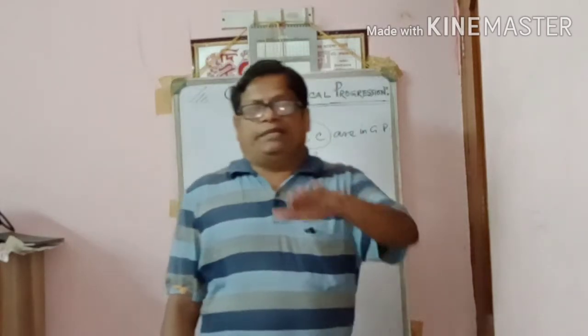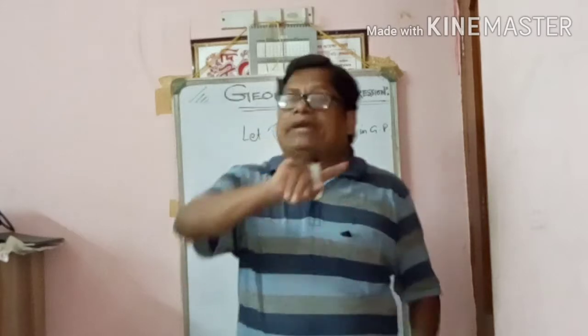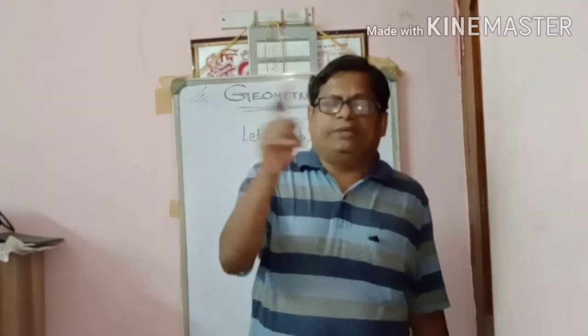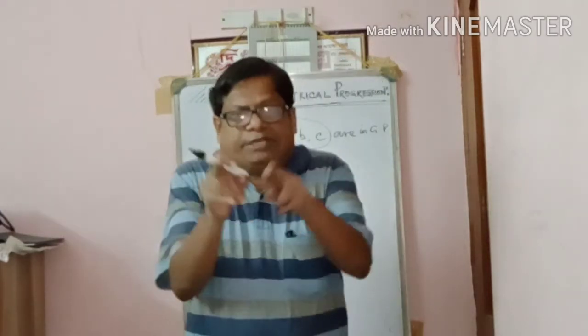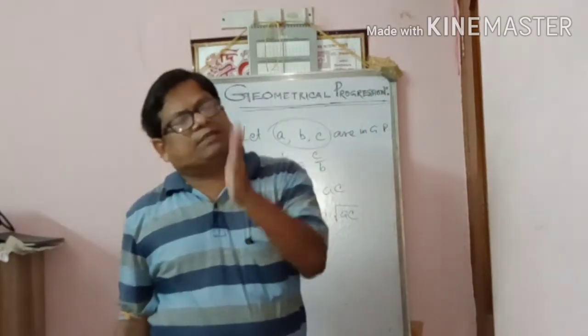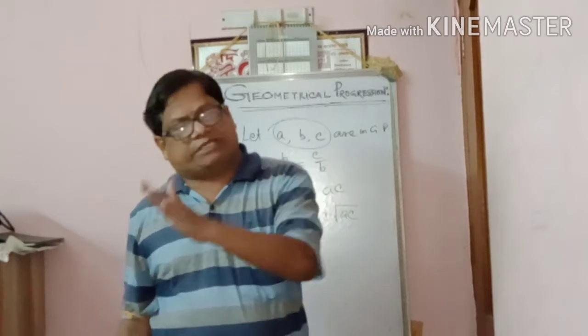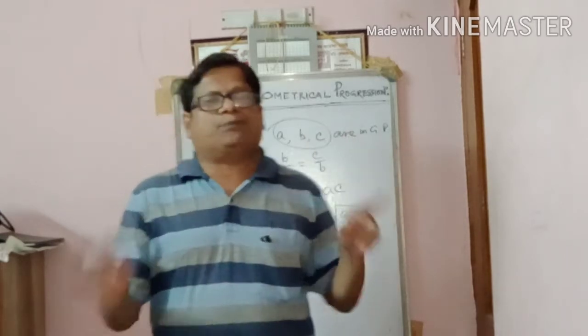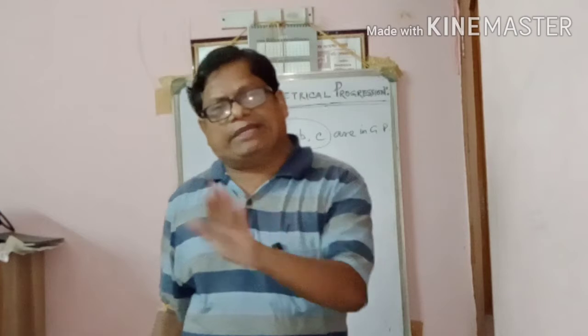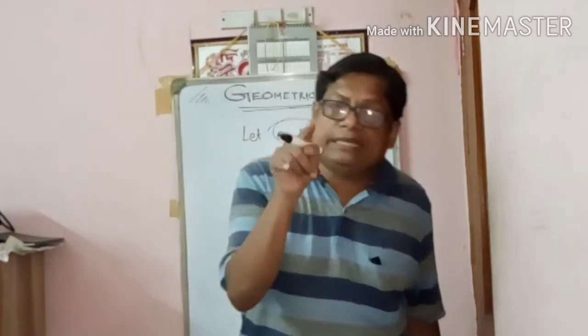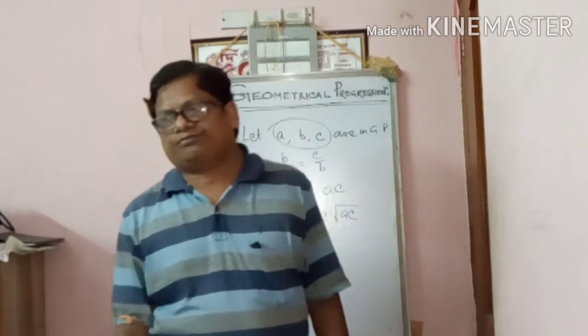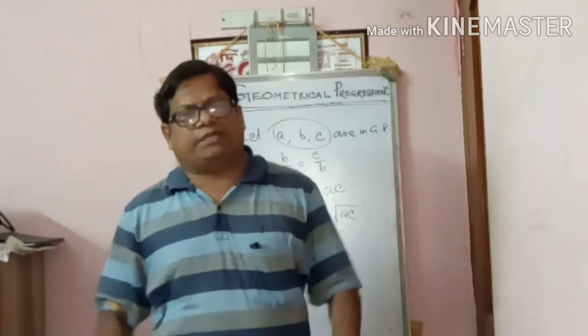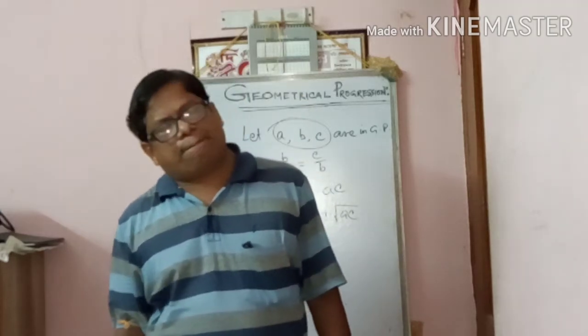In previous chapters, arithmetic mean or AM, all of you know: if A, B, C are in AP, then B equal to A plus C by 2. Here also in a similar way, B by A equal to C by B, then B square equal to AC, B equal to plus minus root AC. Suppose you have considered A, B, C positive, then B equal to root under AC. So B is called geometrical mean, GM, okay?